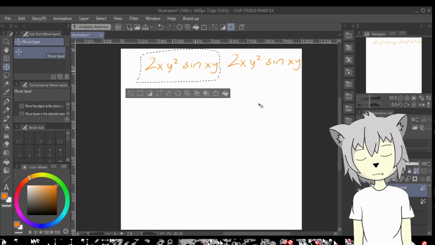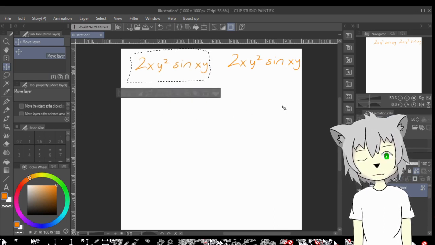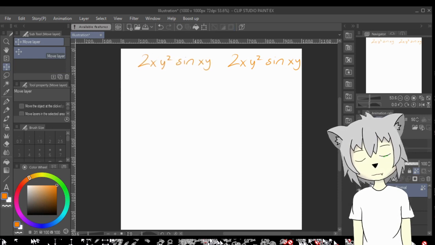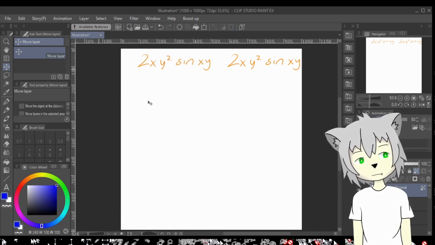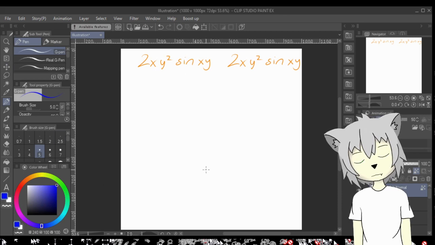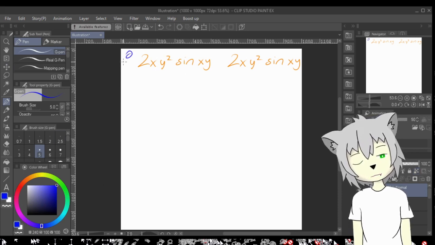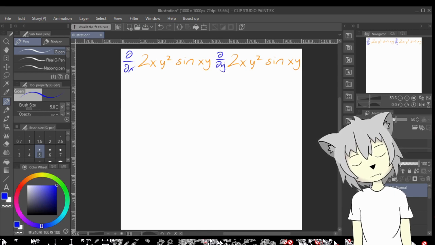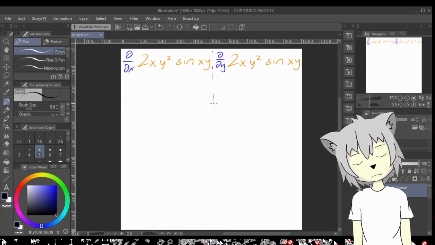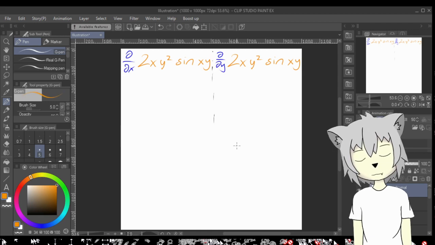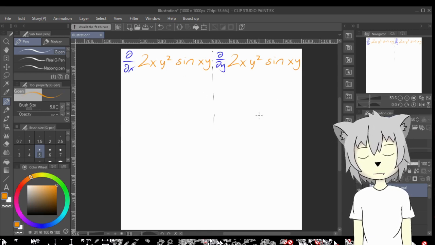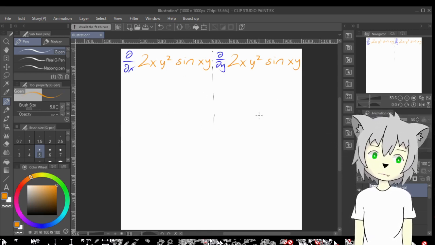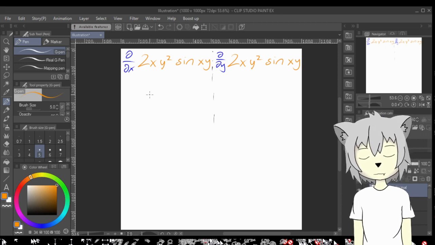With respect to both x and y, this is the quotient rule in multivariable calculus and multivariable derivatives.